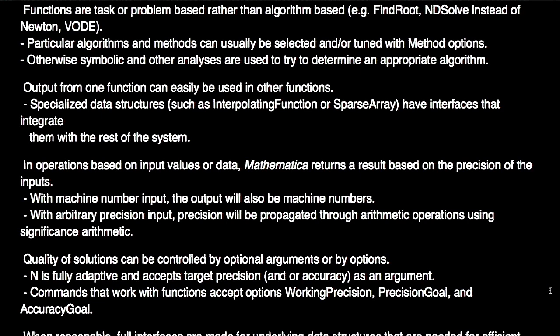It's usually given symbolically. So we look at the symbolic form of the problem and ask, can we pick an algorithm that's going to work well for this? We don't always get it right, in which case you should be using the method option, or we should do better. But we try to pick an algorithm that's appropriate for the problem you've given us, and then we try to solve it as well as we can.